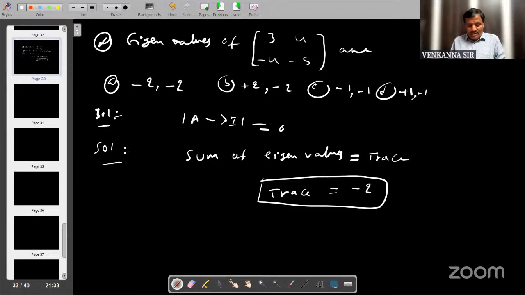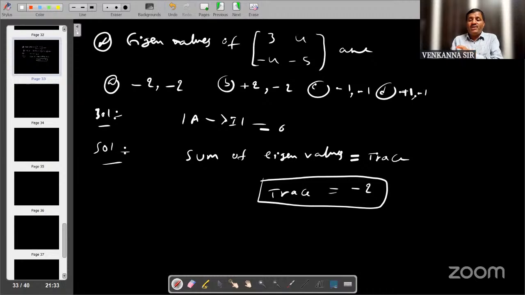Now you can guess the answer. Which sum of the eigenvalues is minus 2? Which option is correct, A, B, C, D?